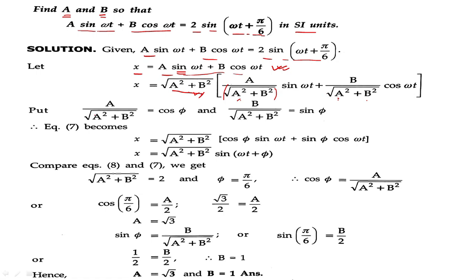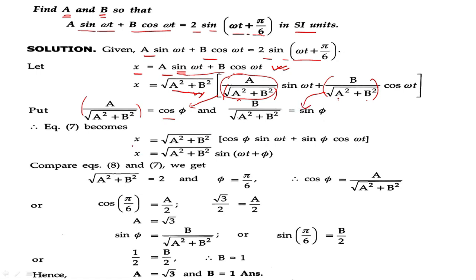Now put a by the square root of a squared plus b squared equal to cos phi, and b by the square root of a squared plus b squared taken as sin phi.